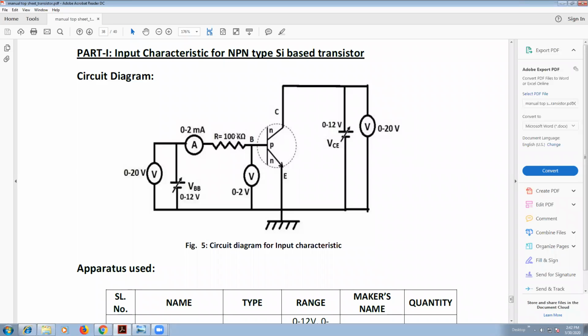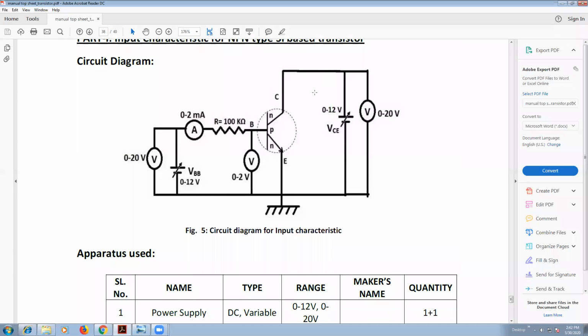It is correct, and another 1 kilo ohm resistor we have to connect in series with the collector. Got it everybody?